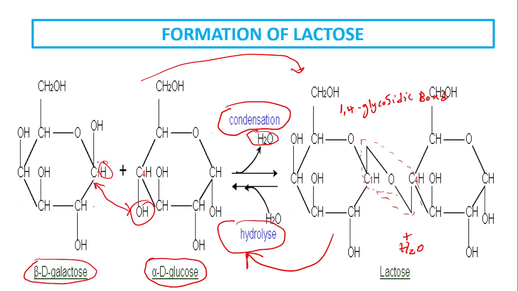Because the carbon which is taking part is the first carbon of galactose and the fourth carbon of glucose. You have 1 there, 2 there, 3, and this is the fourth one. Then this one is the first one. Is that okay?